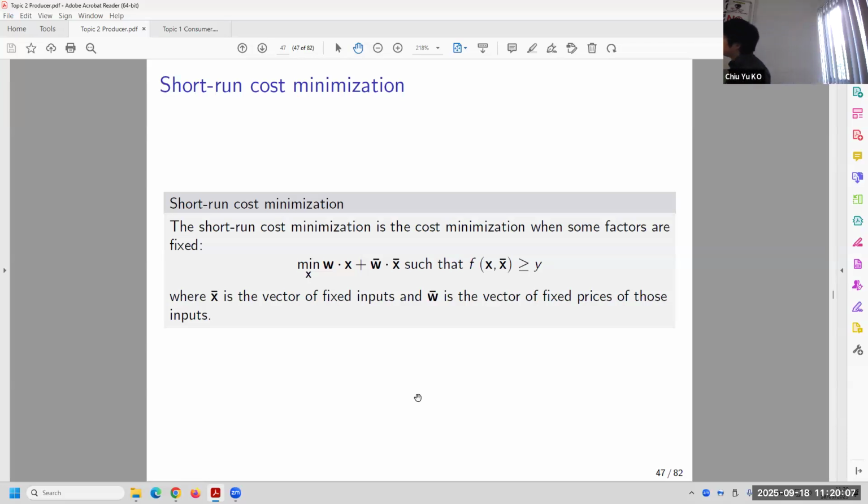Actually, up to this point, you should ask yourself, if you ever studied microeconomics in your undergrad, why don't we have short run and long run for the consumer? Do we?